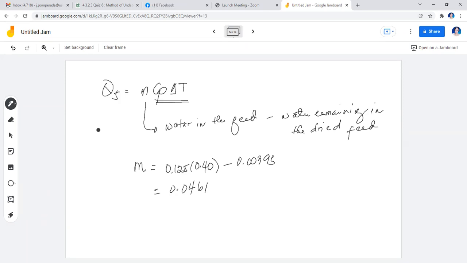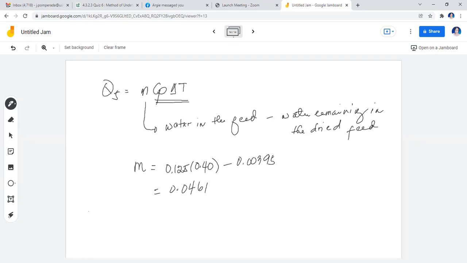Do you follow this? Simple. How much water has evaporated? It doesn't go anywhere. When it evaporates, this is its initial water content, this is what remained. So the rest evaporated or went with your air, your heating medium, which is air. So it's 0.0461. Now we go to Q5.